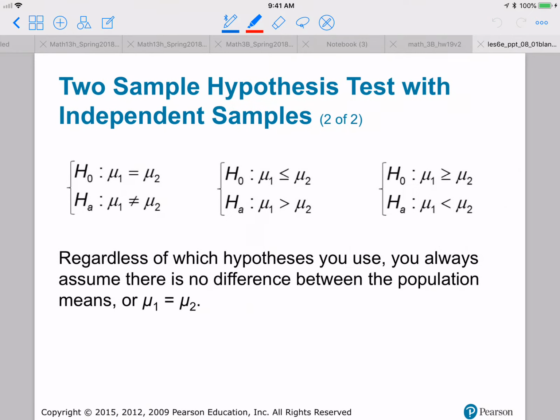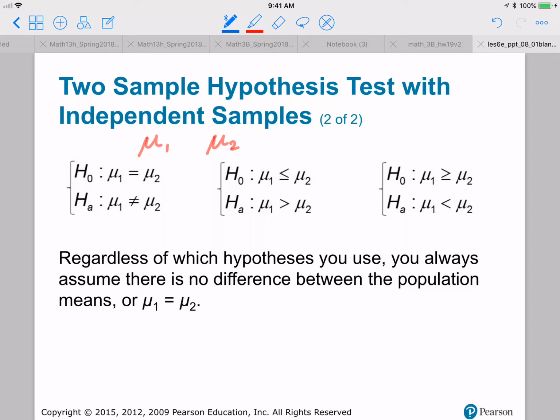So notice here that we're now working with two means. So you'll have mu1 and mu2. These are your population means.